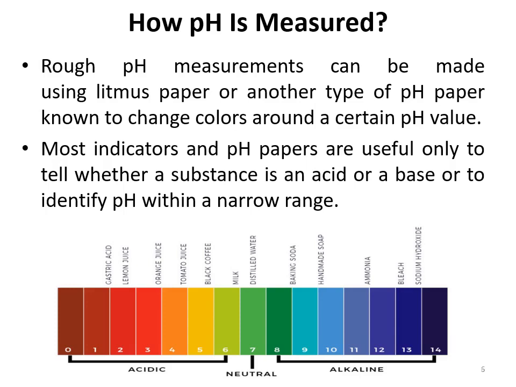Then we have baking soda that is an alkaline solution and shows bluish green or aqua shades. We have handmade soaps that are also basic in nature, and ammonia, bleach and sodium hydroxide, the most basic in nature, show a pH around 14.